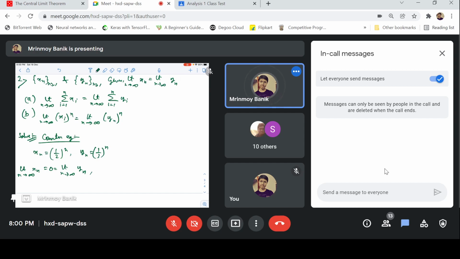And then the limit of the partial sums, they are basically GP series.